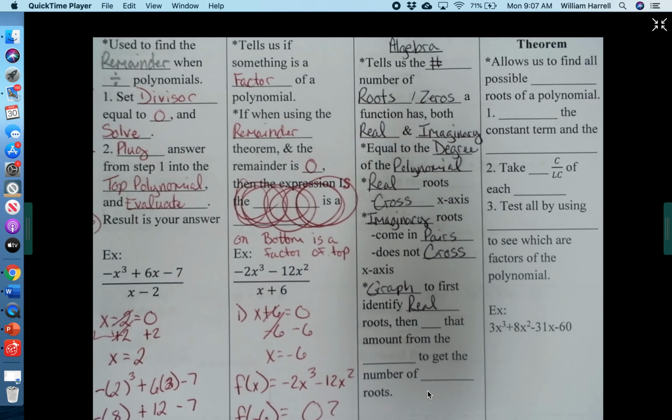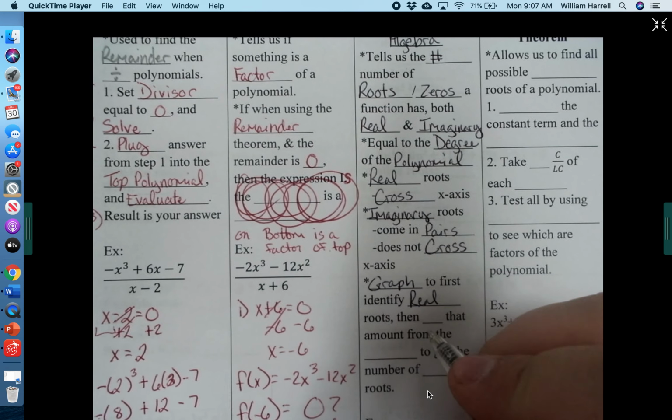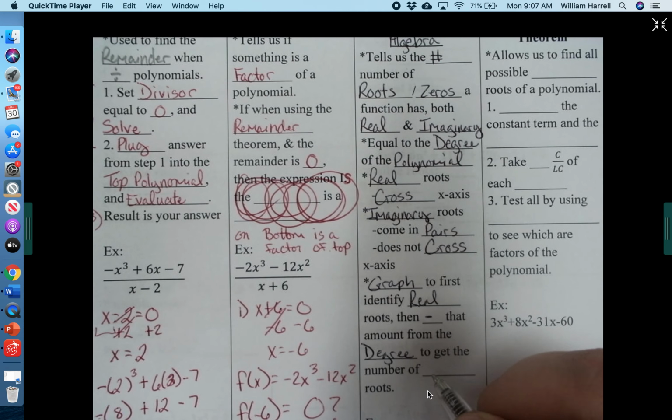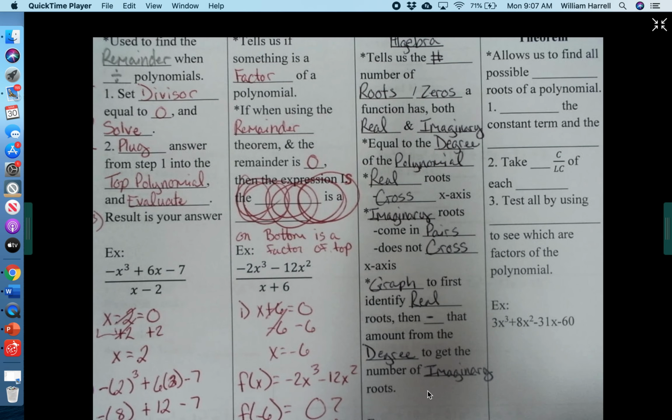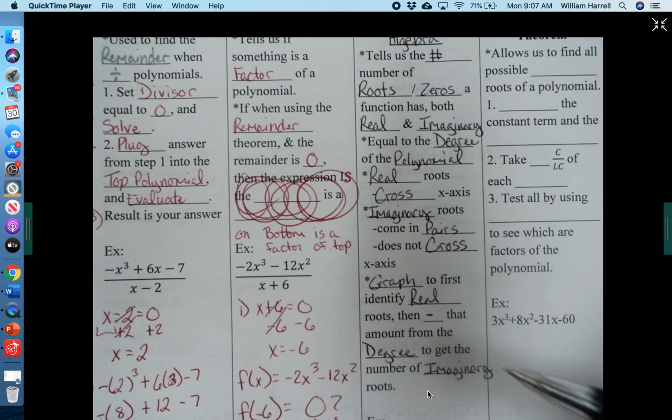However many times the graph intersects or crosses the x-axis, just take that and subtract it from the degree to get your number of imaginary roots. This works 99% of the time. The other 1% is multiplicity, or multiple roots. We'll actually talk about those when we come to some examples where we see them.